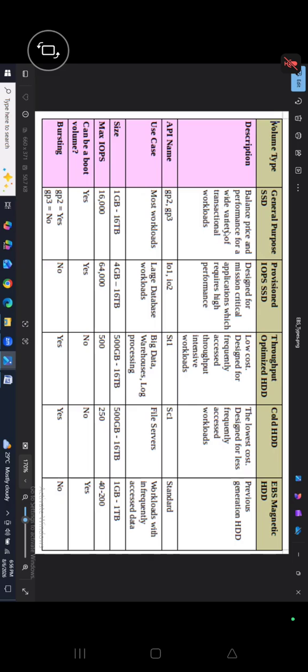For general purpose, we get decent performance from this one. So we have two API names, GP2 and GP3. Most workload use cases, general purpose only. Maybe if you want to store your movies, if you want to watch the movies, etc., we can do. Okay.